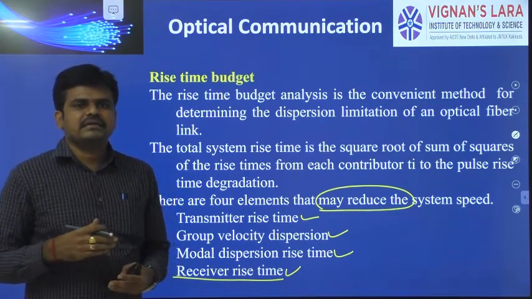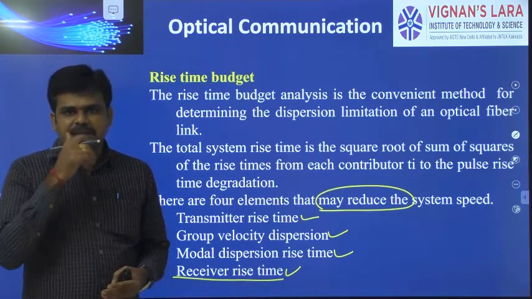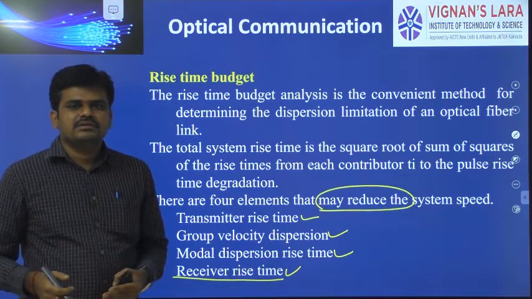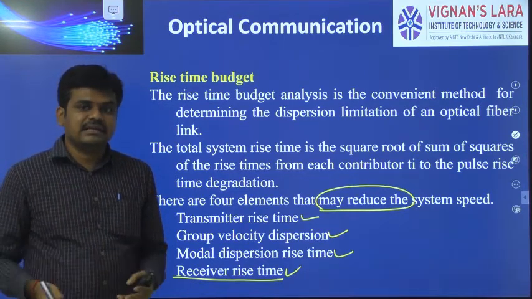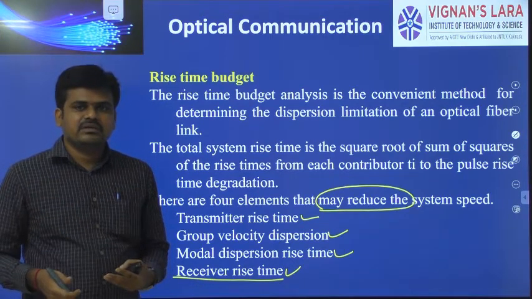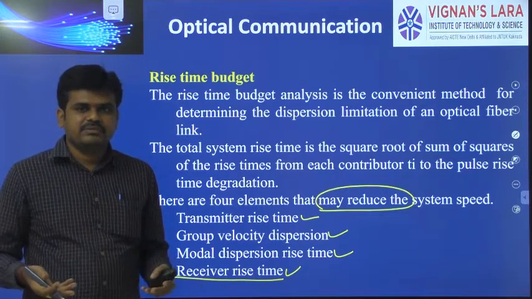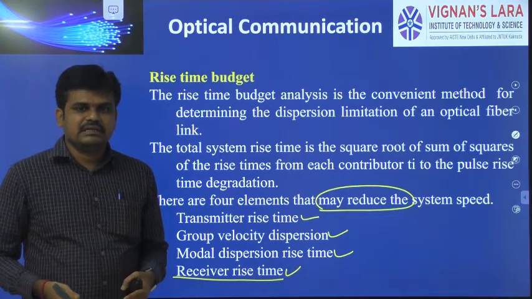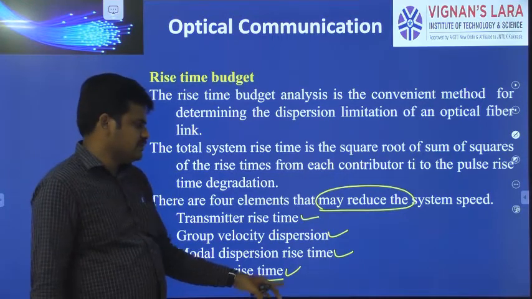But if the photodetector is not generating the current immediately, because the electron hole pairs inside the photodetector are not generated immediately when light falls on it, due to crystal defects or whatever it may be inside the photodiode, then it is called the receiver rise time.